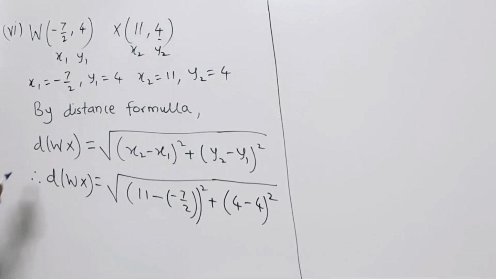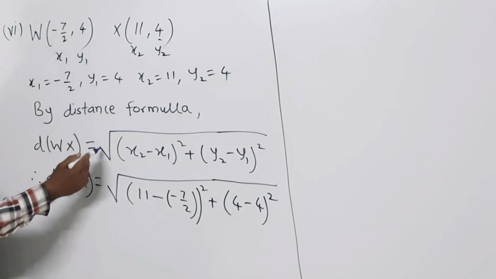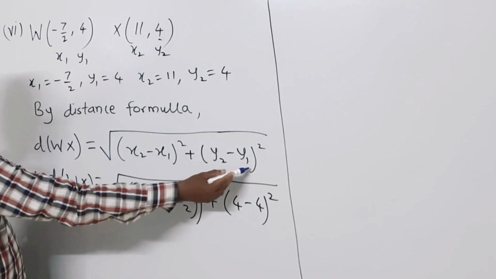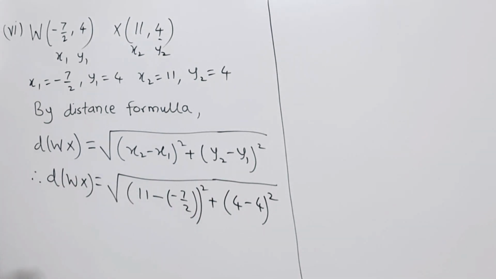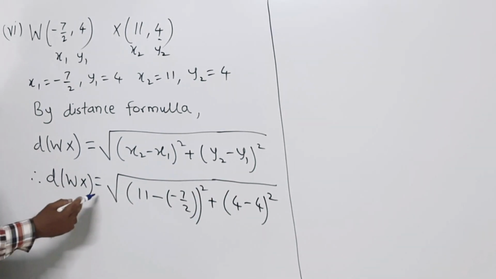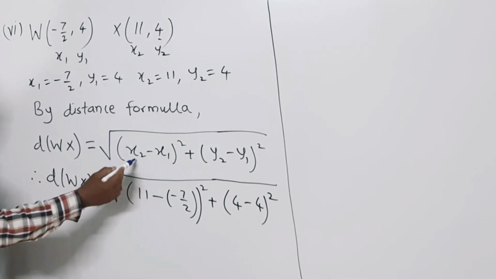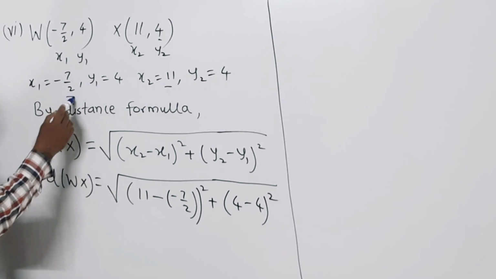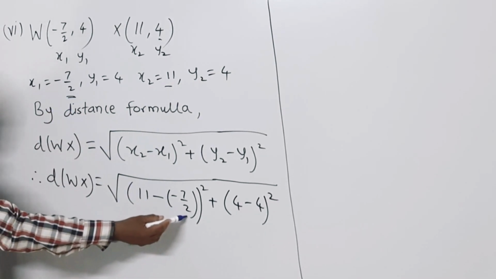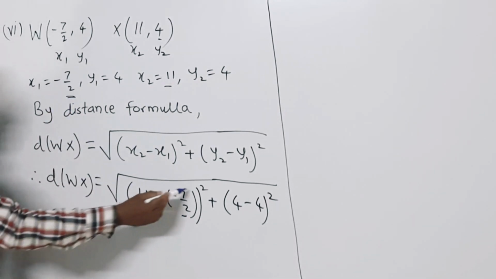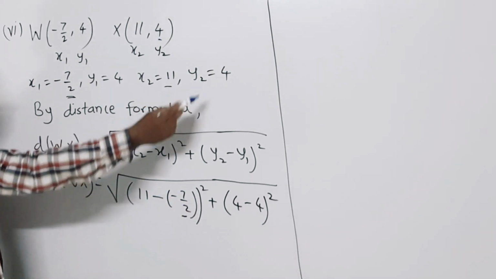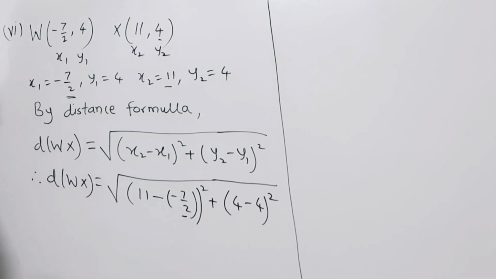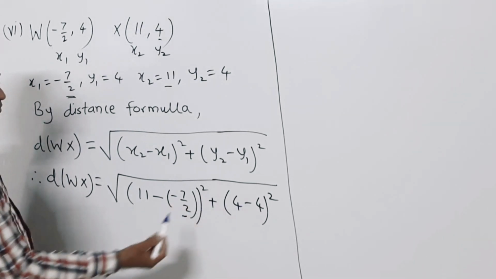So by distance formula, distance XW is equal to square root of (x2 = 11 minus x1 = -7 upon 2) square plus (y2 = 4 minus y1 = 4) square. Now here 4 minus 4 will be 0.